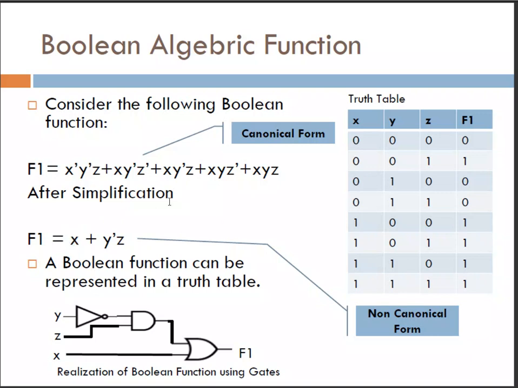With this simplified one, we may get a simplified circuit made with only 3 gates. If we try to design a circuit from the canonical form, you see we will have many gates. So after simplifying, you see that you have a short circuit made with a small number of gates.